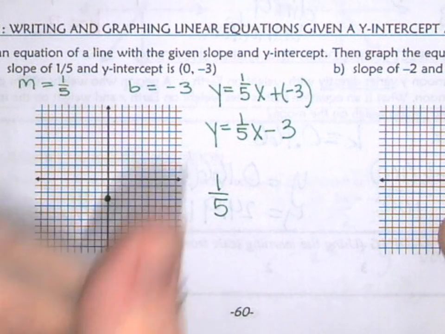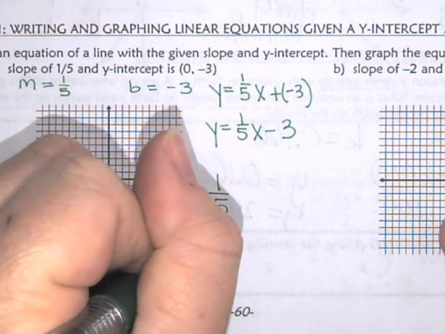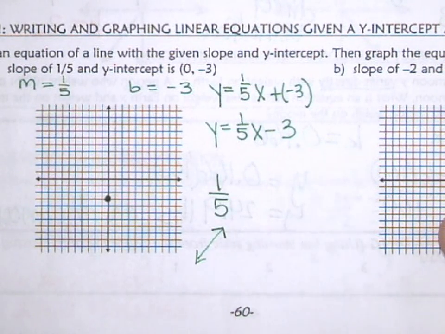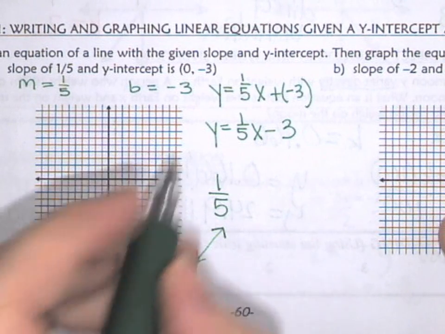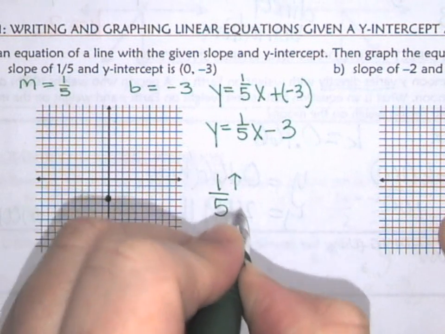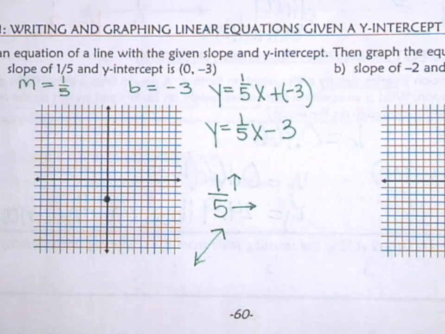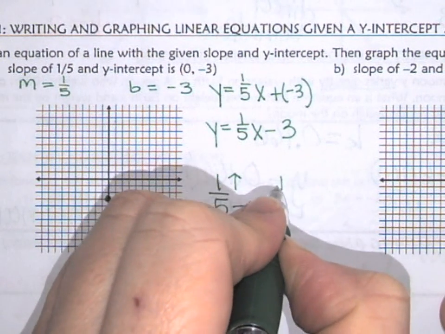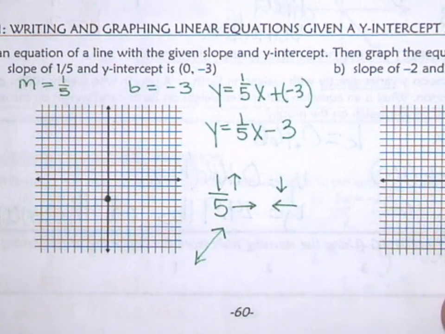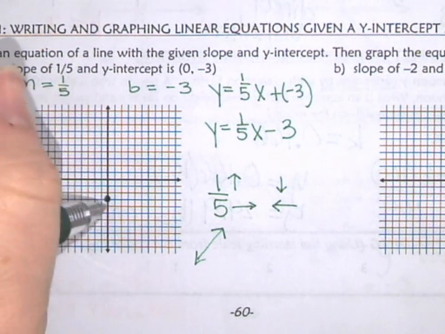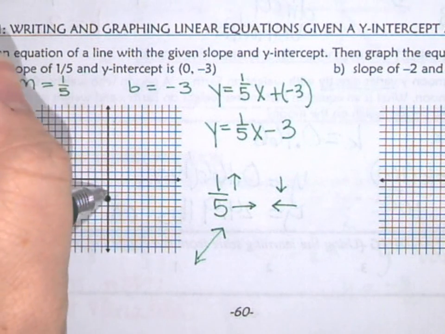That's a positive number, so the slope should be going from bottom to top. When you're looking at your slope, it's the rise over the run. But it can also be the opposite. You can also go down and to the right, either way. So I start here and I go up 1, and then I can go over 5.